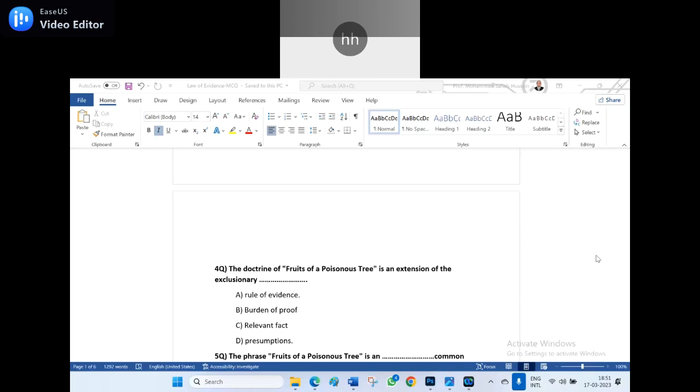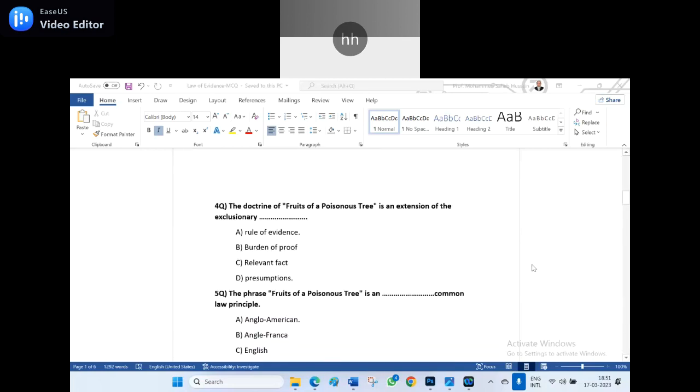Burden of proof. If you say burden of proof, wrong. Rule of evidence, option A. Option A is the right answer. The doctrine of fruits of poisonous tree is an extension of the exclusionary rule of evidence.